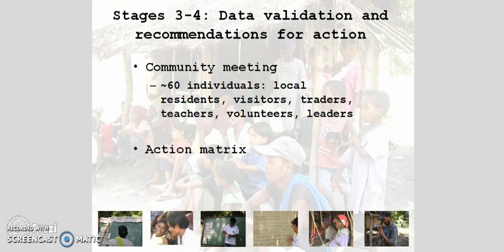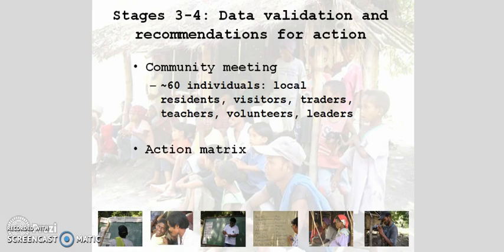After generating the insights, we tried to validate the data and organized a workshop to raise their recommendations on what we need to do about the issues that were raised from the research. A community meeting was held wherein 60 or so individuals took part. We had local residents, visitors, traders, teachers, volunteers, and leaders.